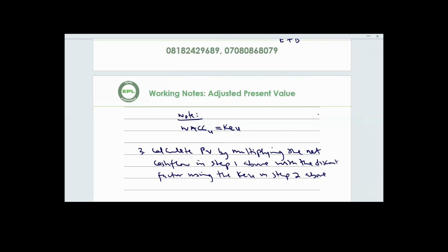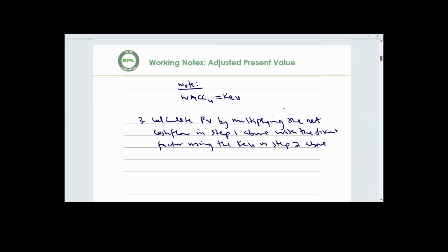So the normal way you calculate your present value. In as much as you've already computed the cost of equity ungeared, just go ahead and find the discount factor, then multiply with the net cash flow.